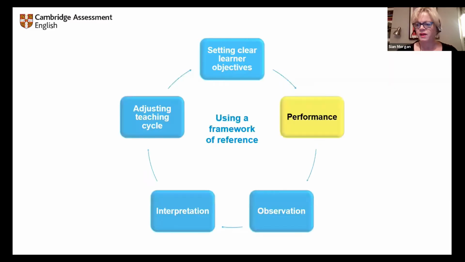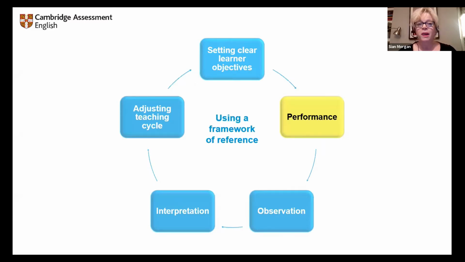Okay, so the next stage in the cycle is for the learners to perform in some way. So if we stick with that previous learning objective, the teacher may ask the students to have a discussion in pairs or threes about a complex topic. A suitable task for them may be to have a discussion and to reach some kind of conclusion or make a decision.